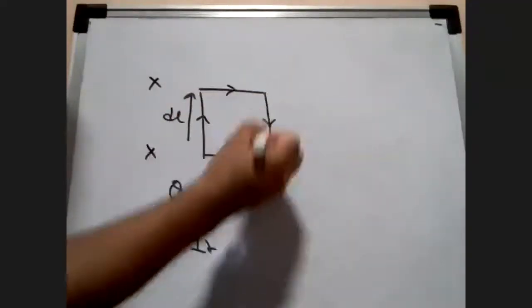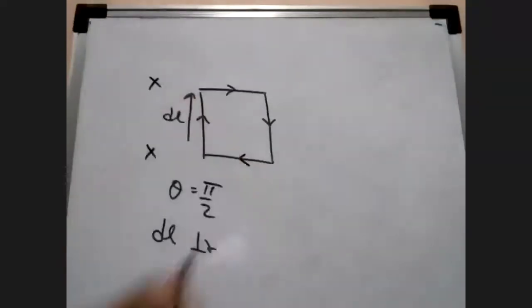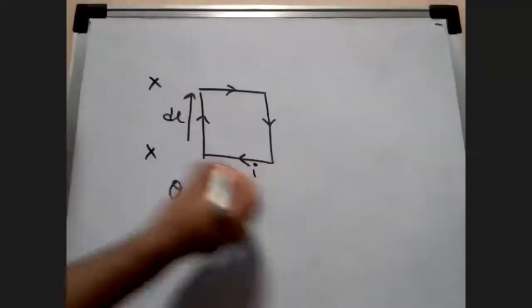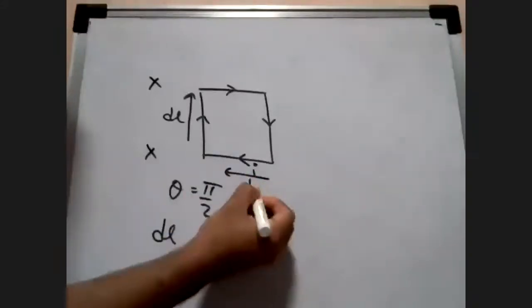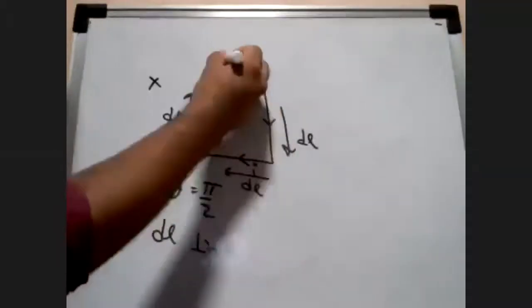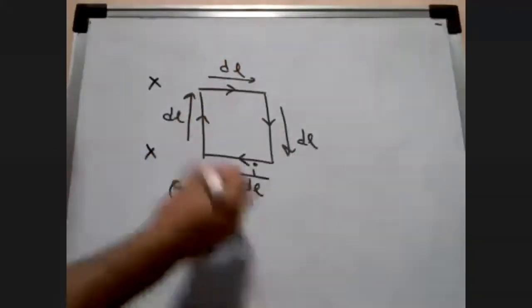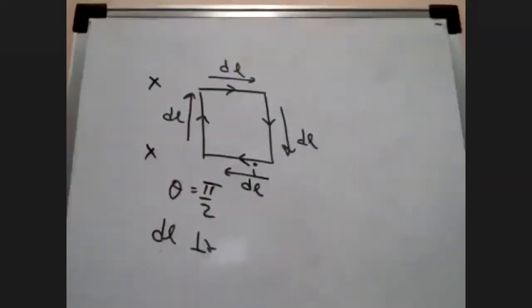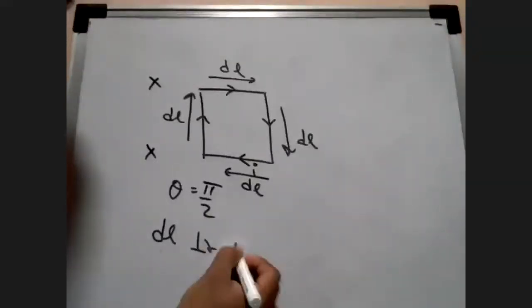Of course, we'll right now assign the direction of the current I, and then we will assign the length vector. So in that case, students, every length vector which I am drawing here right now is at pi by 2 angle with respect to the magnetic field. And in that case, students, dL is basically perpendicular to the magnetic field.